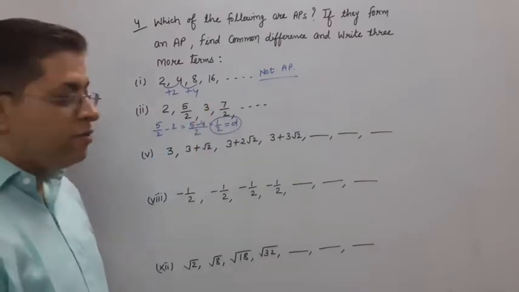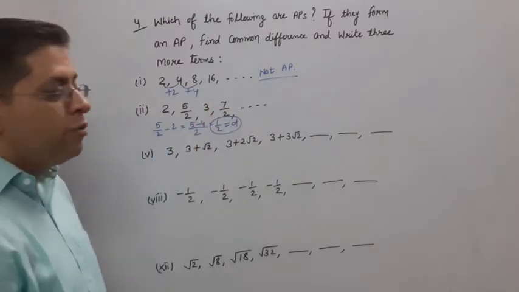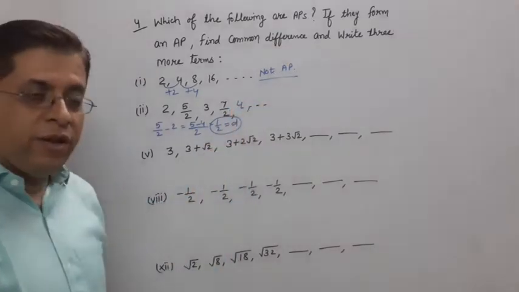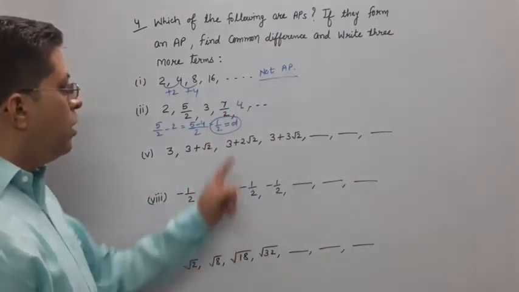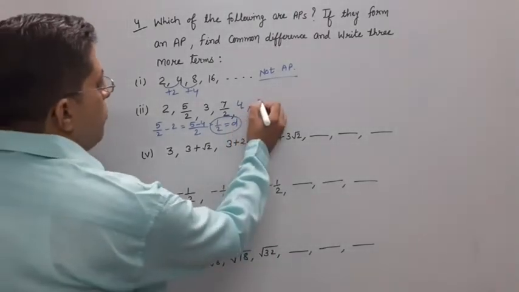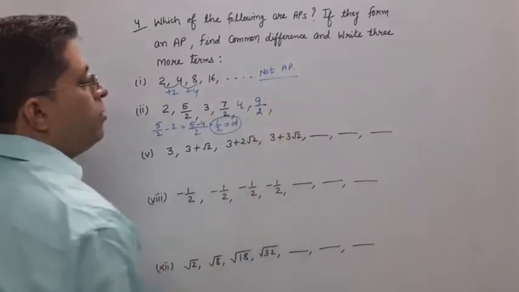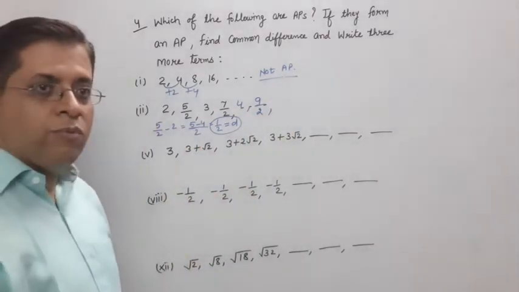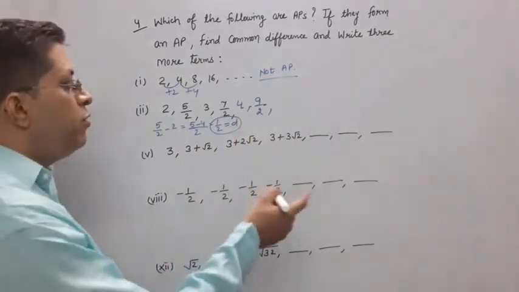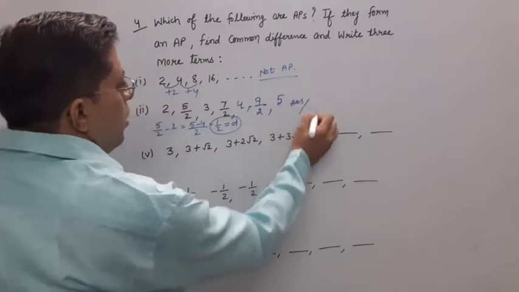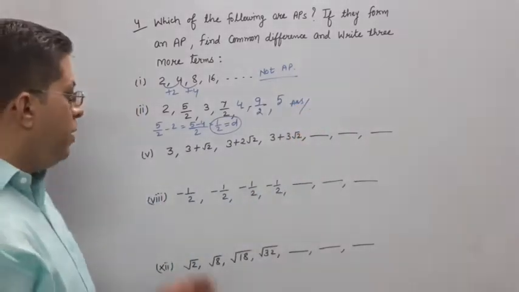If you add this, 7 by 2 plus 1 by 2, this will become 4. Next 3 terms I want. Okay, 4 plus 1 by 2. This will become 9 by 2. 9 by 2 plus 1 by 2. This is 10 by 2. 10 by 2, this will be 5. This is your answer.